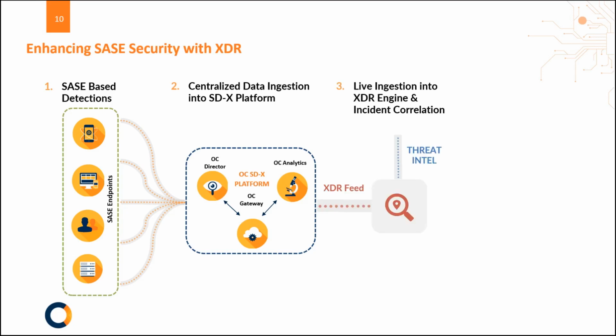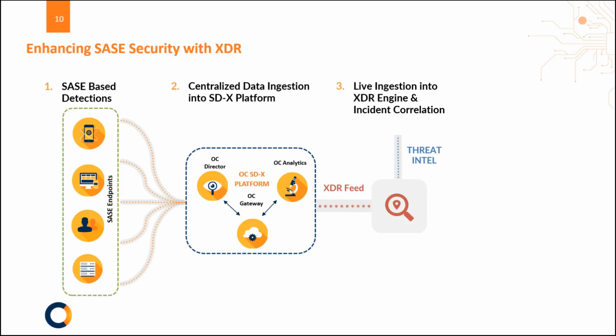So traditionally, like I mentioned, customers were doing this using SIEM solutions by ingesting logs separately. The architecture of SD-WAN and SASE has really helped consolidate and normalize the amount of data that SIEMs would be collecting in the first place. That's where we have direct integration between our SD-WAN platform and XDR.